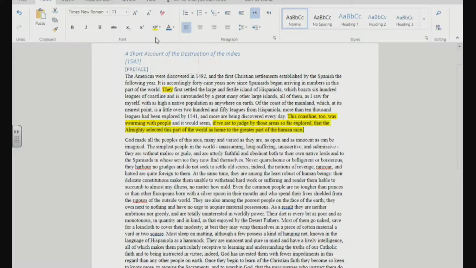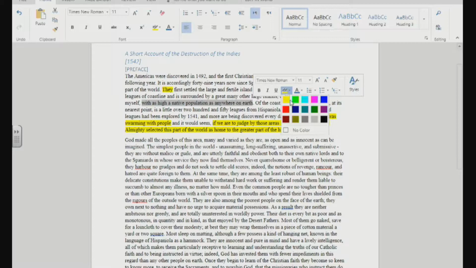That suggests there's a ton of people there. He says this as well, large and fertile island of Hispaniola, which boasts 600 leagues of coastline. Hispaniola is what is now Haiti, and is surrounded by a great many other large islands, all of them, as far as I saw for myself, with as high a native population as anywhere on earth. Okay.